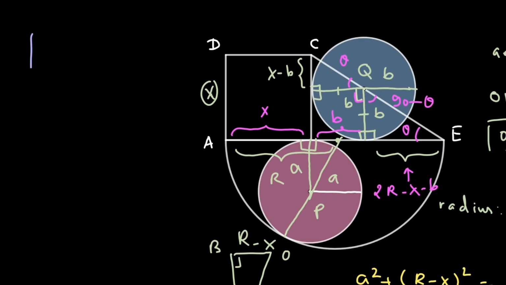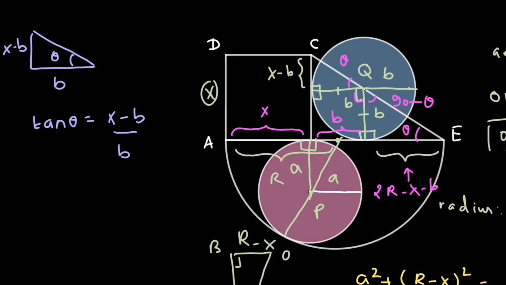So the upper right angle triangle is like this way, this angle is theta, the height is x minus b and the base is having a value b. Therefore the value of tangent of theta is going to be equal to x minus b upon b. Now the bottom right angle triangle that is over here is having this particular angle as theta, the height is equal to b, here is the 90 degree in these two triangles, and the base is having a value 2 times r minus x minus b.